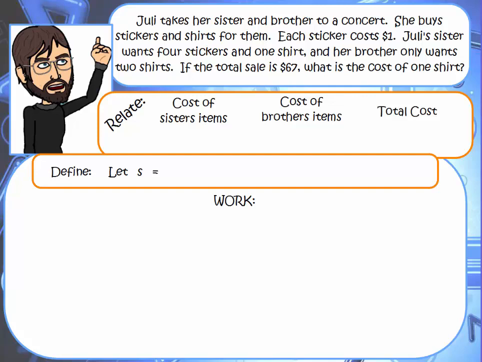Okay, so whenever we're looking at a word problem like this, we have to come up with some sort of strategy. I think here I'm looking at the cost of the sister's items and the cost of the brother's items and the total cost. Well, the total cost is easy. That's right here. That's $67.